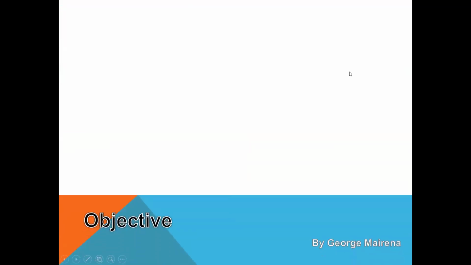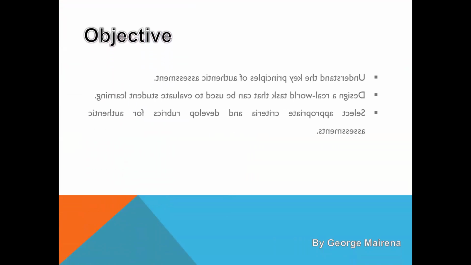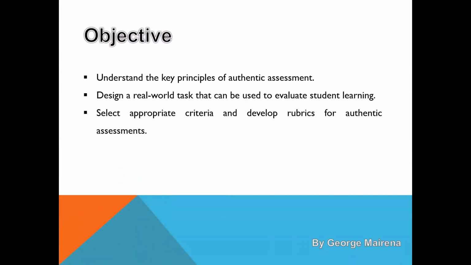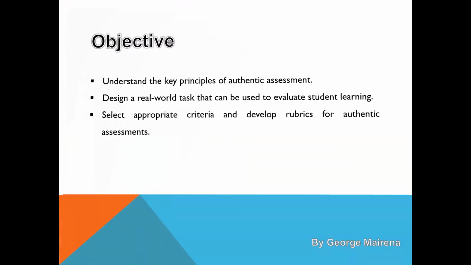Our objectives for this session are to understand the key principles of authentic assessment, design a real world task that can be used to evaluate a student's learning, which is related to the task that you're going to do for this session, and select appropriate criteria and develop rubrics for authentic assessment.